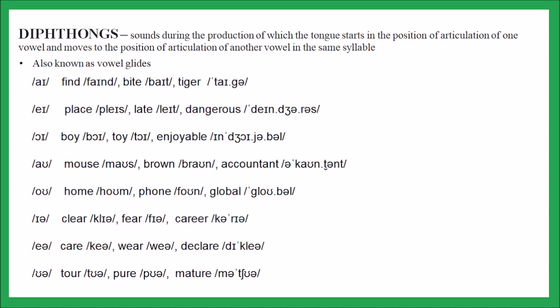So the proper pronunciation is O. Home, not home. H-O-M-E. It is home. Then P-H-O-N-E, not phone. It is phone. Then it is not global. It is global. Oval.